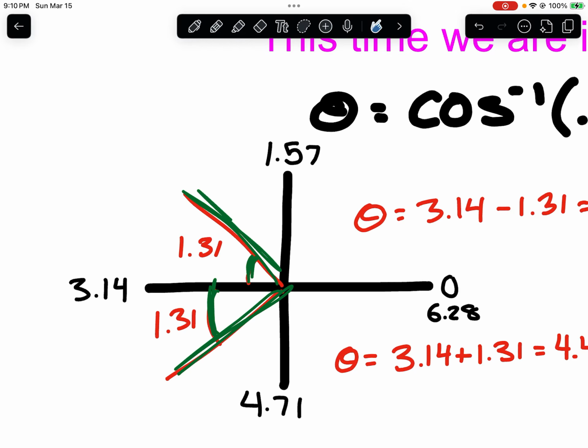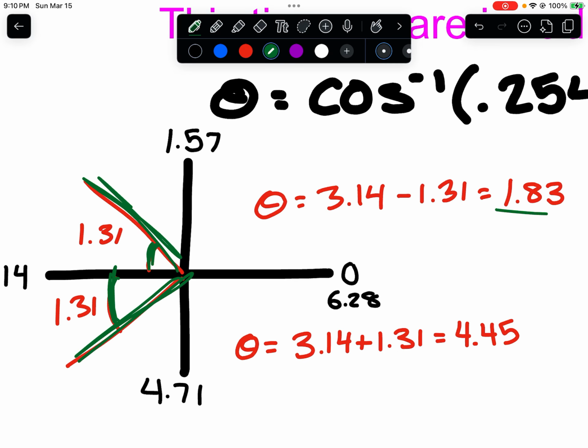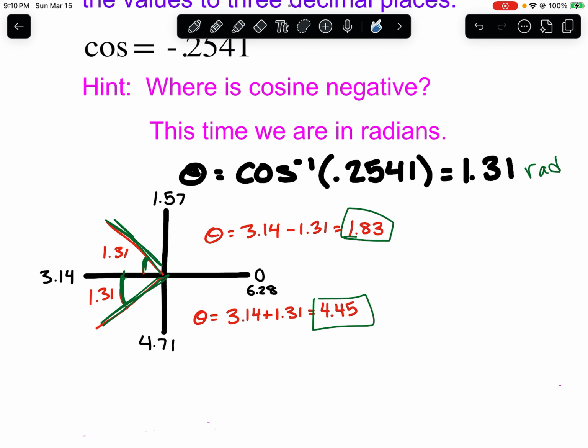Well, here, since we're in radians, we'll just do 3.14 minus 1.31 and get 1.83, and we'll do 3.14 plus 1.31 and we'll get 4.45 as our two values.